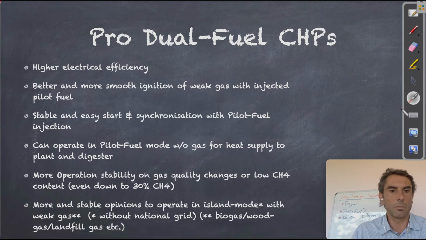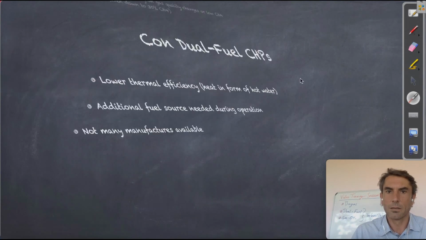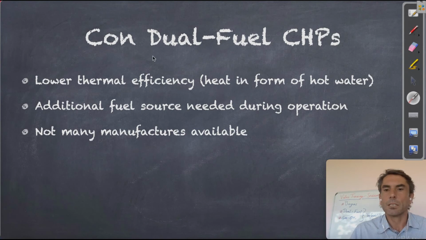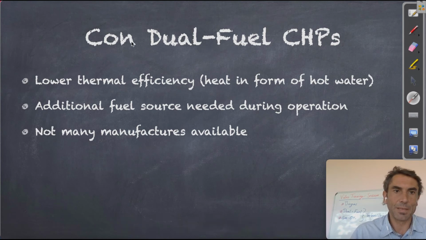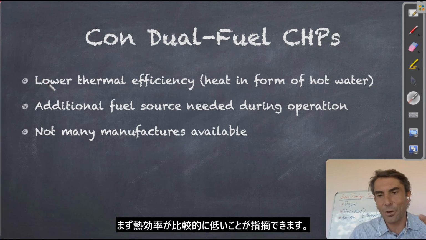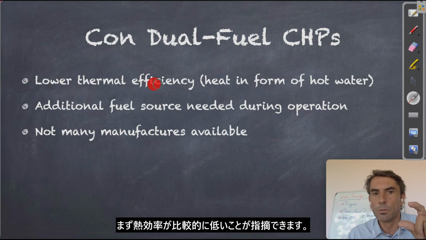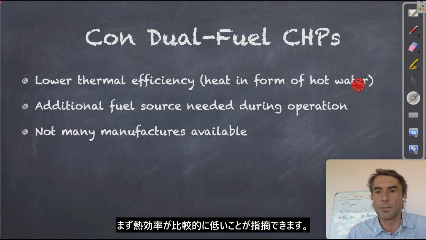Okay, let me go quickly back. So here we have the cons of a dual system. The opposite impact of higher electric efficiency means we have lower thermal efficiency, so less heat in the form of hot water or heat in the exhaust gas that may be used for other heat resource systems.